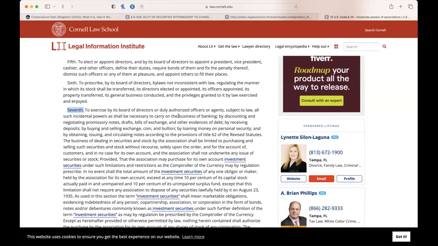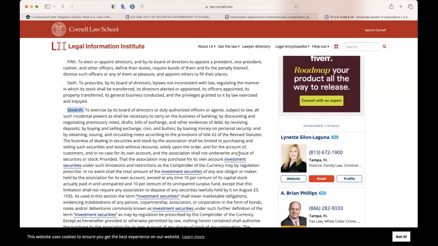It's called note discounting or negotiating promissory notes, drafts, bills of exchange, and other evidences of debt by receiving deposits. So remember, I said it's a deposit. They're going to deposit your note by buying or selling, exchanging coin and bullion, by loaning money on personal security, and by obtaining, issuing, and circulating notes according to the provisions of Title 62 of the revised statutes.